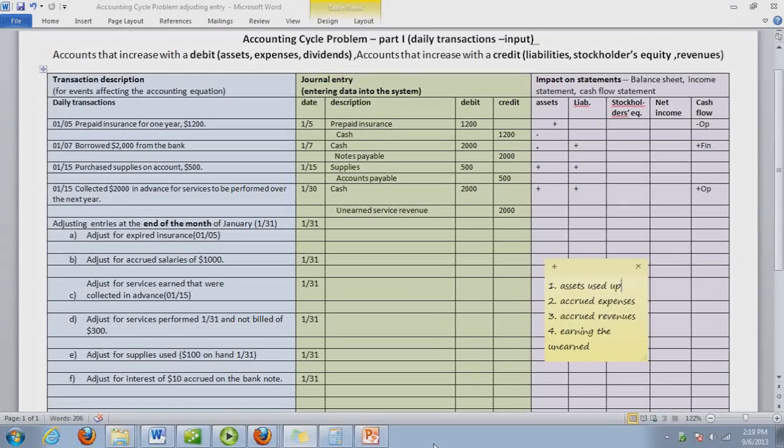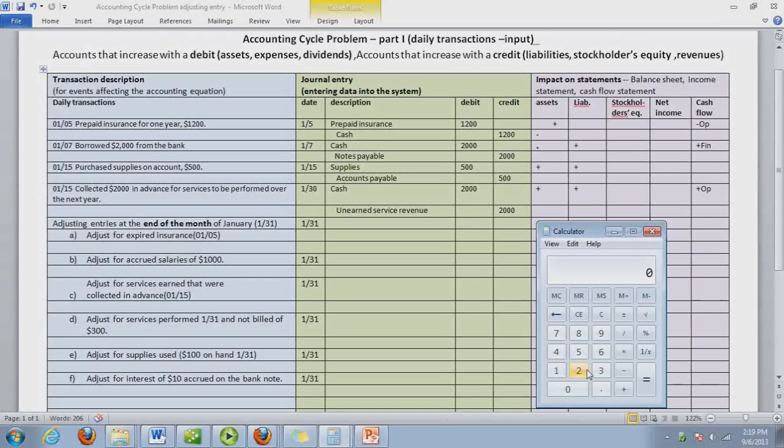Next, let's see if we can do the calculation for it. We could do this in our heads, but we have $1,200 for the year, and we're going to divide by 12 months, since we're looking at just 1 month, or times 1/12, and it's $100.